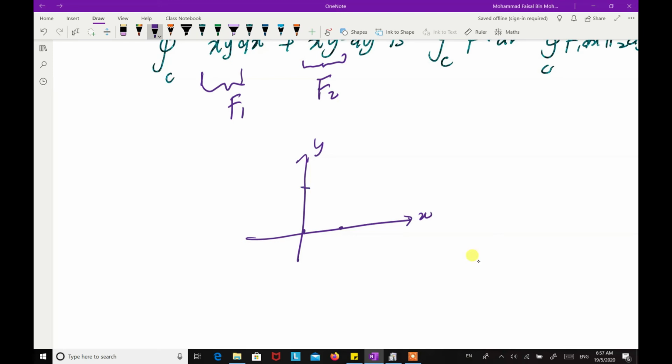Let's say I put 2 here, so actually it's like this. So this is y equals 0 and this is x equals 1, and we can find the gradient. So this is (1,2) and (0,0). We can find the equation of the straight line. You have learned this before. You will get y equals 2x.